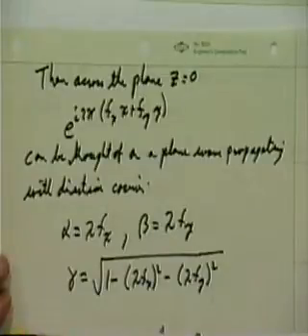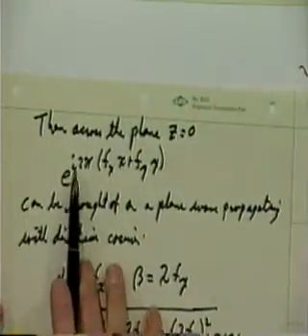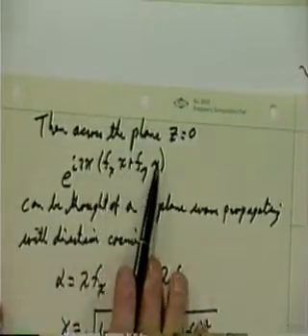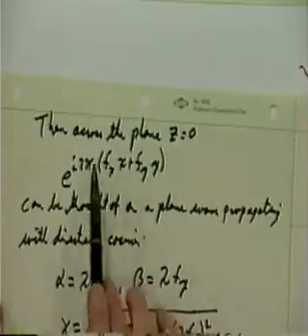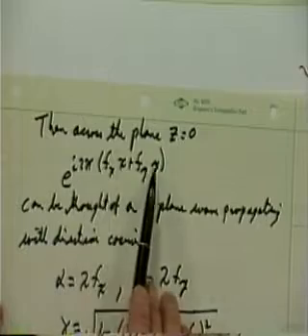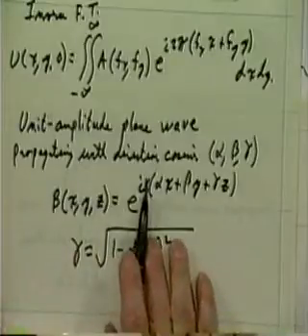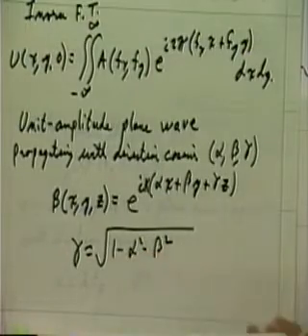Um, 2 pi where? I mean, we have 2 pi up here, e to the i 2 pi times (f sub x x plus f sub y y). Is that the question? Well, I factored the 2 pi out in front up here. So back here, what we had, b, whatever, is equal to e to the i k, so 2 pi over lambda times (alpha x plus beta y plus gamma z).